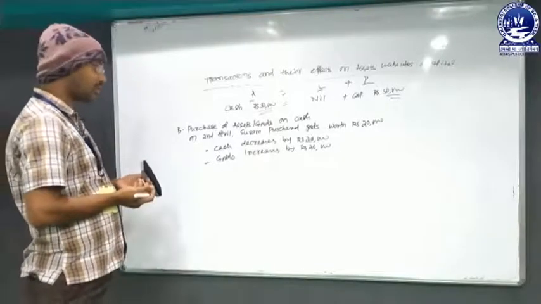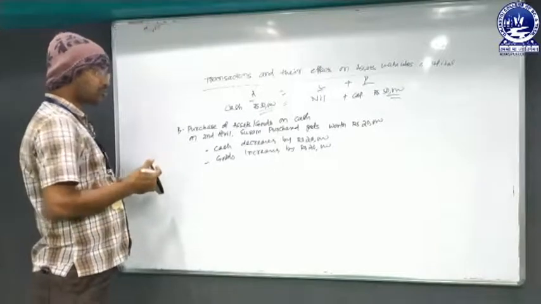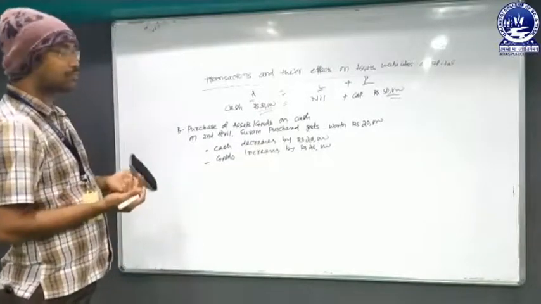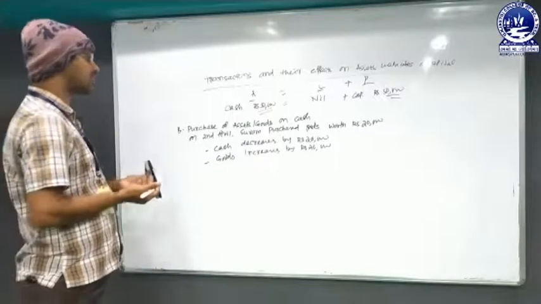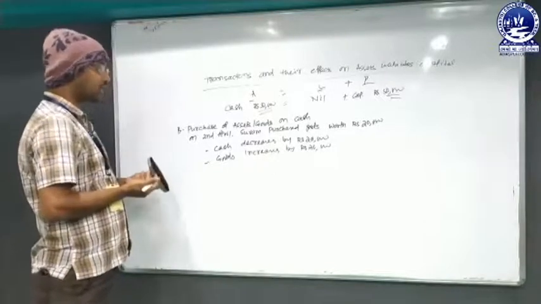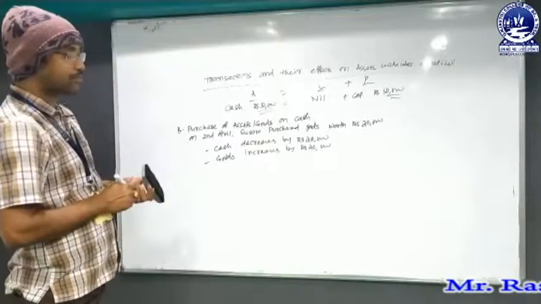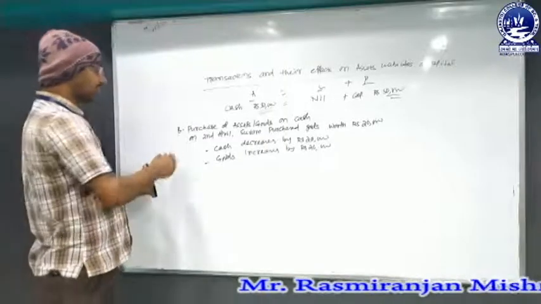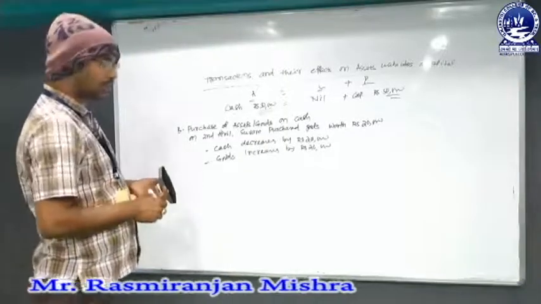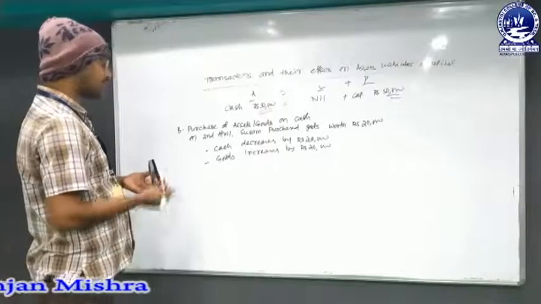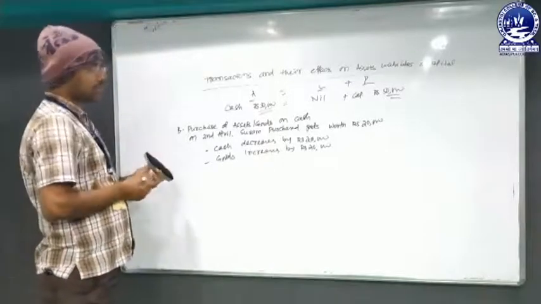And when we purchase the goods, in that case goods increases by rupees 20,000. That means the same amount of goods also increases, and goods are one type of asset. So in one case the asset amount decreases by 20,000, and in another case the asset amount increases by rupees 20,000.